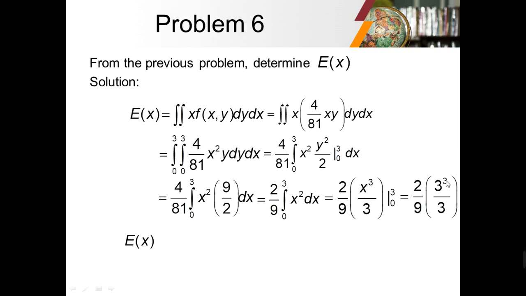Diba? 3 cubed is 27, right? 3 times 3, 9 times 3, 27. Tapos 9 times 3, kakancel na yan. So, mean value ng x natin ay 2. Okay? So, ibig sabihin, doon sa ating specific na problem na yan, ang mean value or average value or expected value na x natin is 2. Okay? So, pause muna saglit tayo.